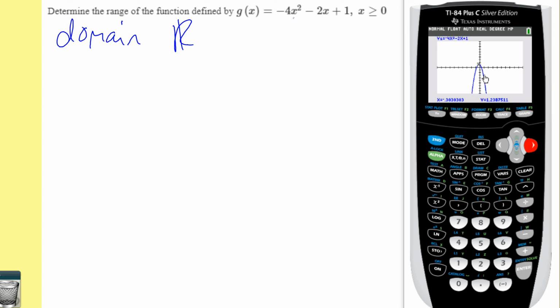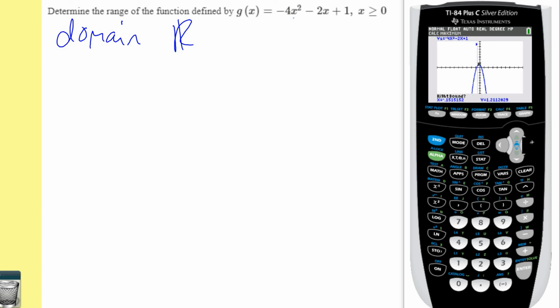Our range, we want to find that high point. So we can actually specifically find that by doing second trace. So we can find that maximum by pressing number 4. And we guess the left side. So I'm going to go a little bit left of my maximum just to be safe. And then I'm going to do the right side.